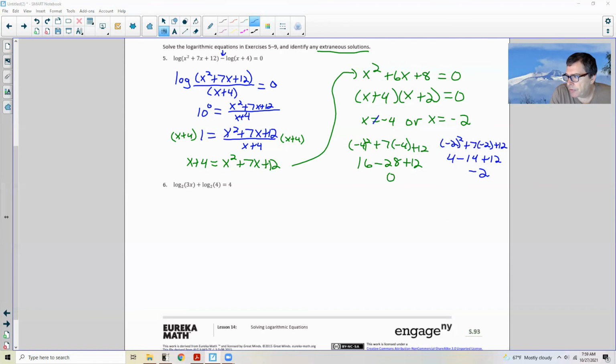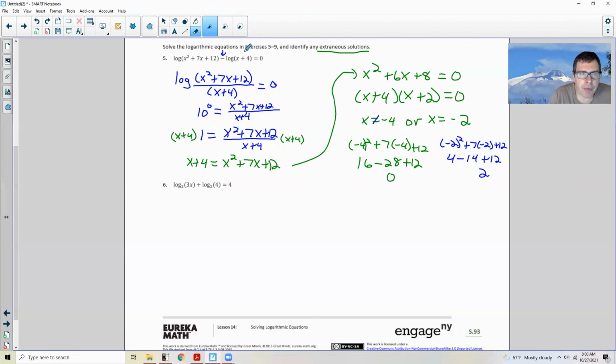So you can't take the log of a negative. Did this become negative? 4 minus 14, negative 10. No, that's not negative 2, it's positive 2, my fault. 4 minus 14 is negative 10, plus 12 is 2.